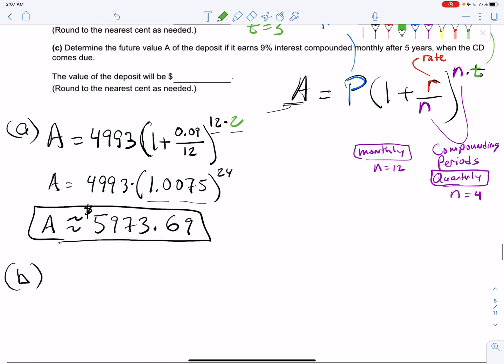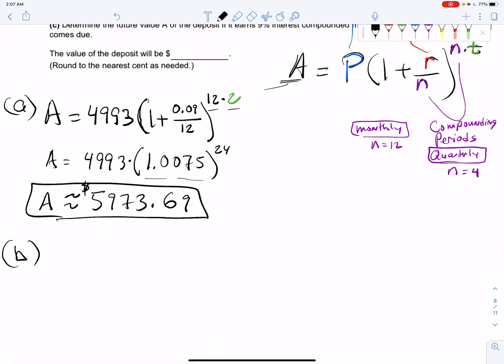So that's the only thing that's changing with these three problems. So let's start with the same amount, $4,993. And the reason why they're doing this is they're trying to see if you can identify a difference when keeping the money compounding longer. And I think you probably know if you let the bank have your money for longer, they're going to give you more money for that.